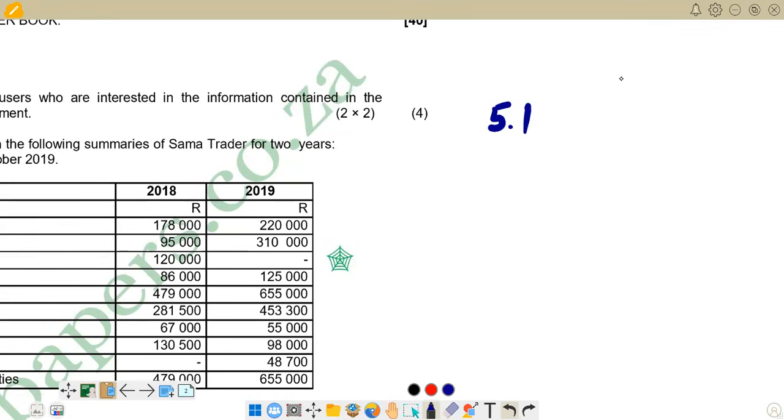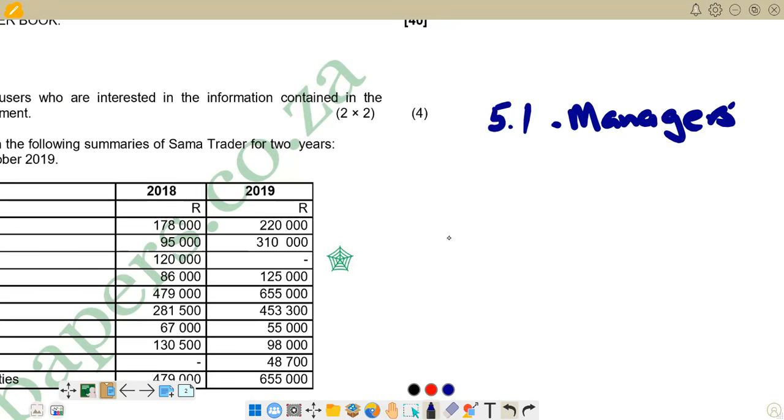We have managers of the business, one of the users, and then we can also try to see why they need this financial information. They need it to make their decisions. When they're making decisions, they make them based on the financial statements, in terms of the position of the profit, and also the distribution of assets, liabilities and equity, that is the balance sheet.